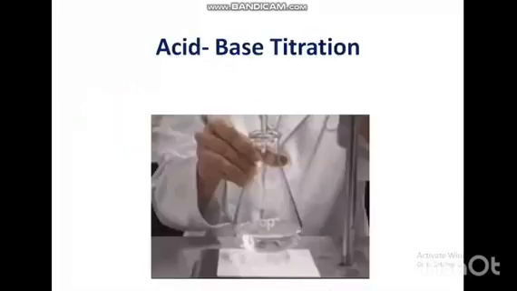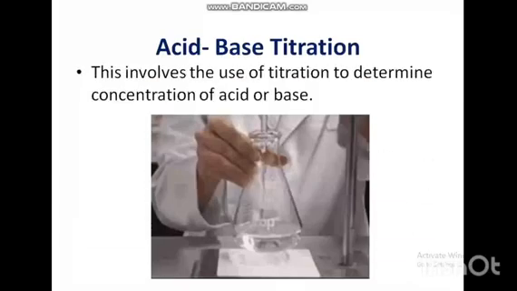We start with acid-base titration. This involves the use of titration to determine concentration of acid or base.